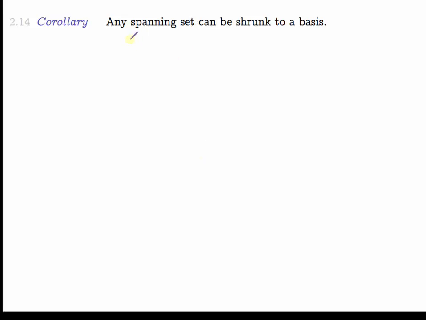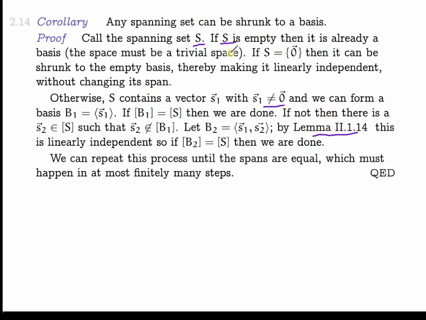We can also shrink spanning sets to get a basis. We just showed that we can expand linearly independent sets to get a basis. Now we're showing that we can shrink spanning sets to get a basis. All right, the proof of this corollary, let's call the spanning set S. If S is empty, it's already a basis because the only space it spans is the trivial space, so it is a basis of the trivial space.